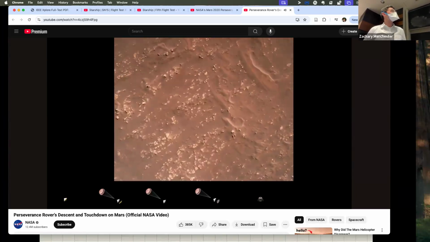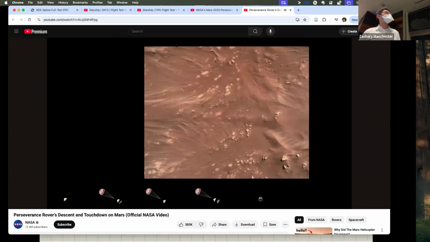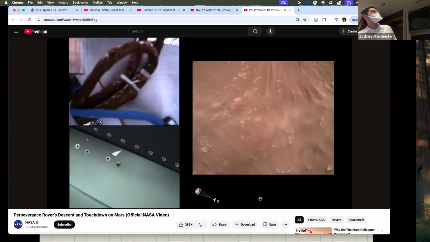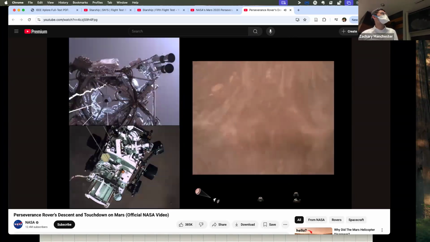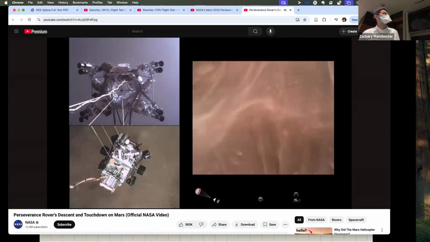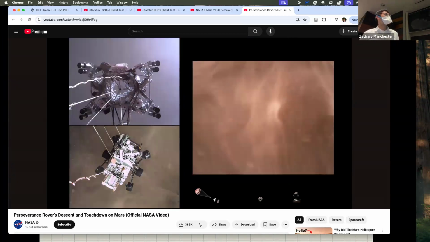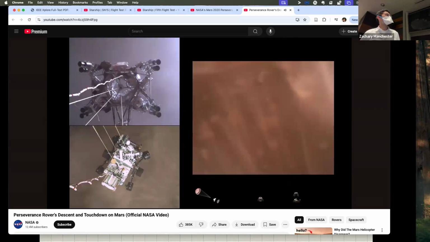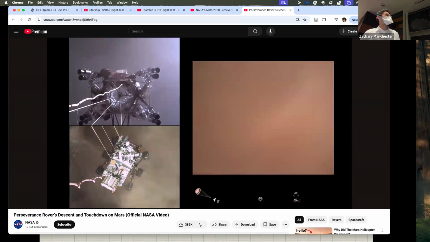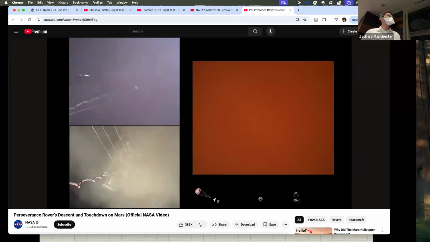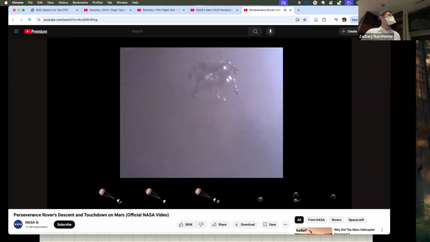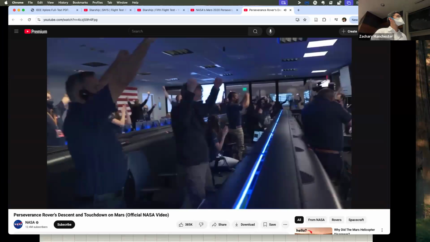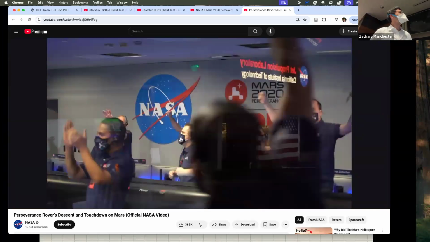We have started our constant velocity descent, and we are about to conduct the sky crane maneuver. Sky crane maneuver has started. About 20 meters off the surface. We're getting signals from MRO. Touchdown confirmed. Perseverance safely on the surface of Mars. Ready to begin seeking the signs of past life.